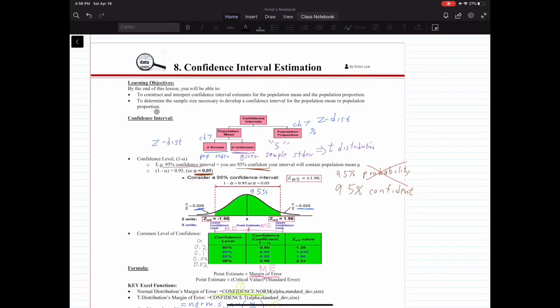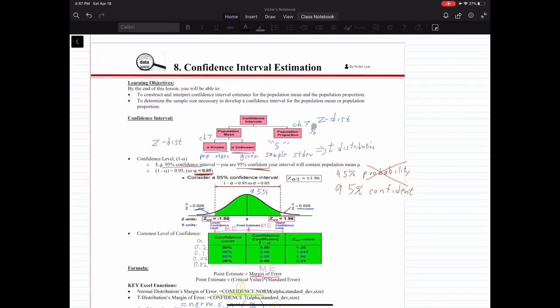So just a recap for chapter 7, we talked about two situations. The first situation is when we have the population mean with the sigma known. So when we know the population standard deviation, that is the first situation that we talked about. The second situation that we talked about is population proportion.